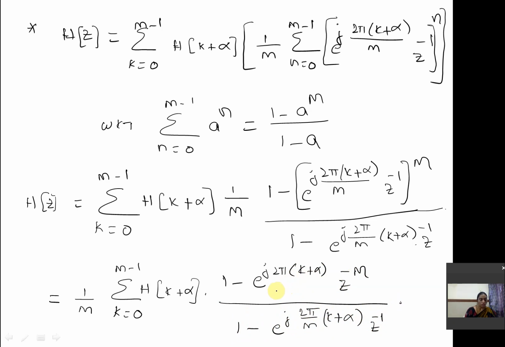Now here this is nothing but e^(j2π(k+alpha)), e^(j2πk) into e^(j2π alpha). Here k is an integer, that's why e^(j2πk) gives always 1. Now this is nothing but 1 minus e^(j2π alpha) into z^-M. Now here this one is 1 minus e^(j2π/M (k+alpha)) z^-1. So here it is independent of k, that's why I am writing that one outside.